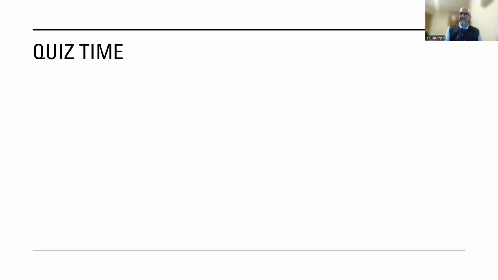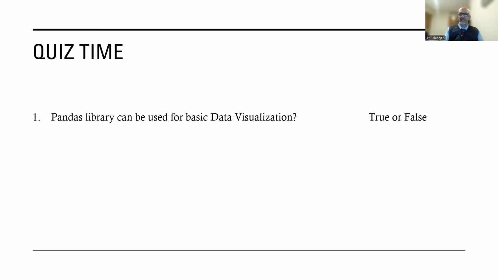So let's have a quiz. Quiz time. Simple one. You have to just say whether it is true or false. The first question: the pandas library can be used for basic data visualization. True or false? You can put it on the chat and I will look at it. I'll pause for a few seconds before I go to the next question. All right.